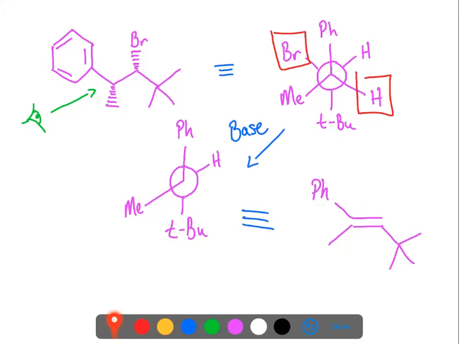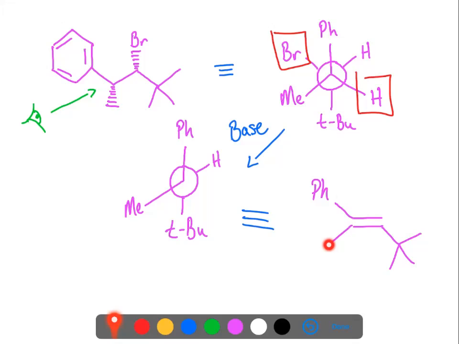So if we want to determine which configuration is being shown in this particular alkene product, we can go through our high-low priority rules on each particular carbon. So if we look at the carbon on the left, this carbon here, we have a carbon and a carbon. Remember, this is what the phenyl group is referring to. So we have carbon, carbon. So then we have to go to the next set of atoms.